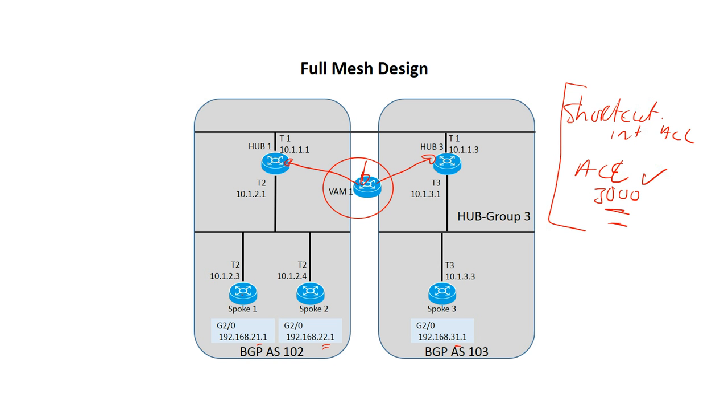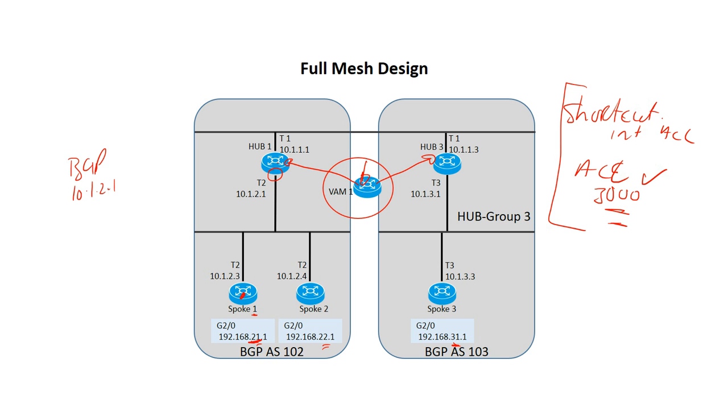You'll see, before we do a full mesh ping, before he pings from this IP address 21 to 31, his routing table will have a BGP entry to get to 31, from spoke 1's point of view, via the tunnel 10.1.2.1.